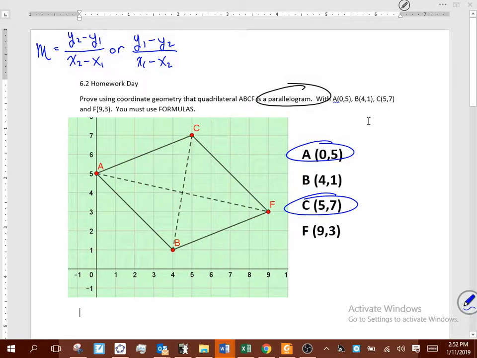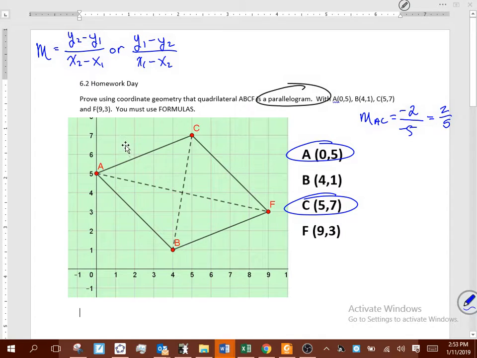I want to find the slope of AC. I like to stack my ordered pairs like this because now I can just subtract straight down with my y's. What's 5 minus 7? -2. And now what's 0 minus 5? -5. So that's going to reduce to 2/5, right?